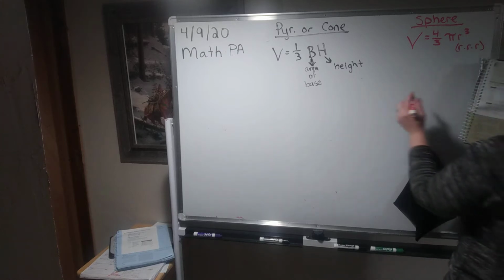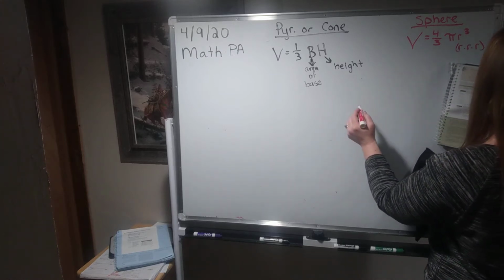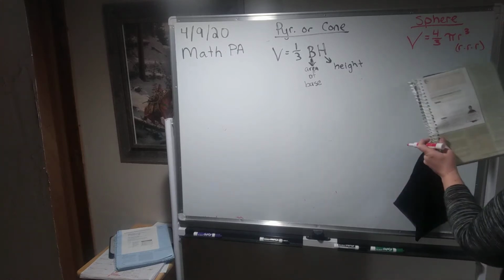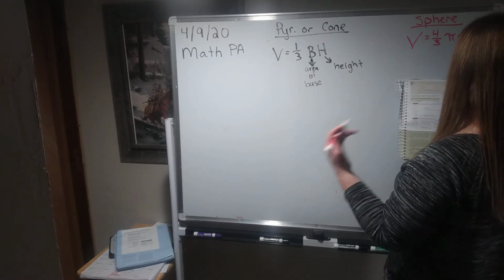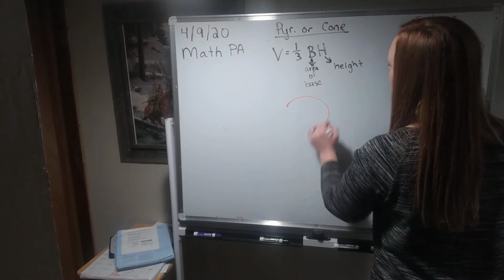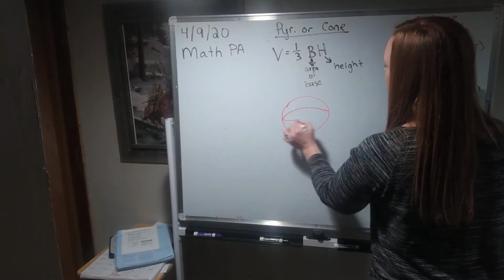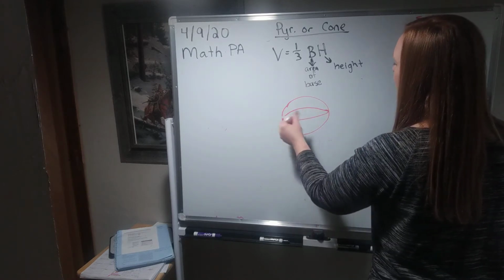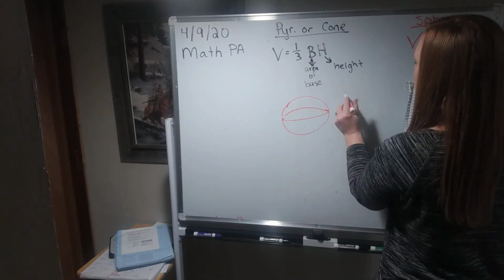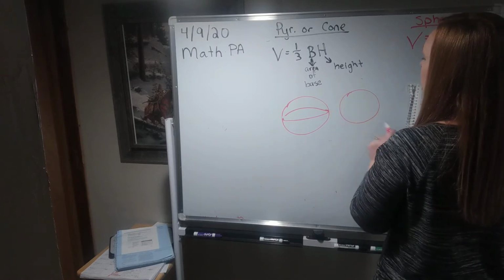Let's go ahead and do example 3 there. It says find the volume of a sphere that has a diameter of 15 feet to the nearest 100. If I did my sphere and I have the middle circle, which is the biggest one, I'm going to cut my basketball in half and turn it so that I can see that middle circle.